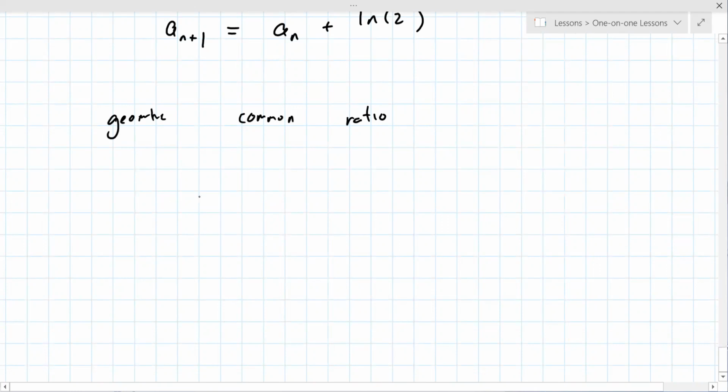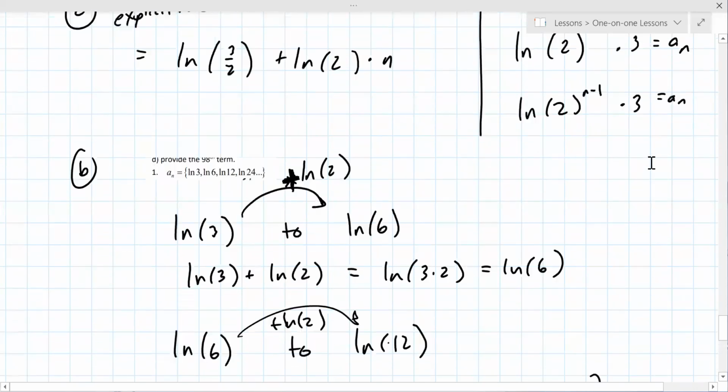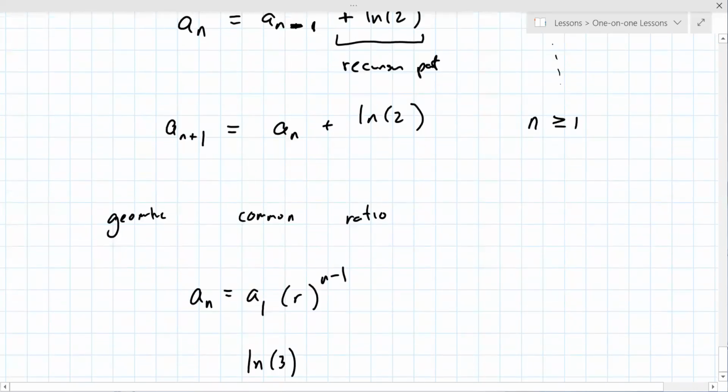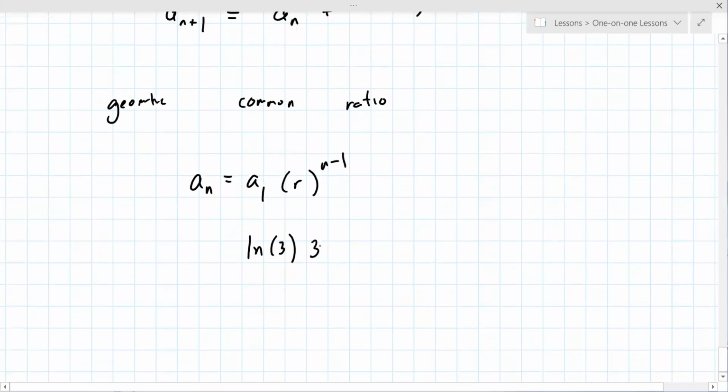So it's a_n equals a_1 r to the n minus 1 power. And your instructor said natural log of 3 is your first term. And then you said your r is 3. Yeah. And then you said to the power of n or n minus 1?